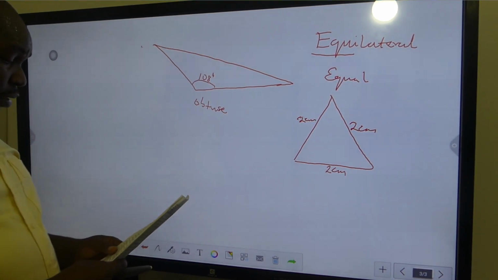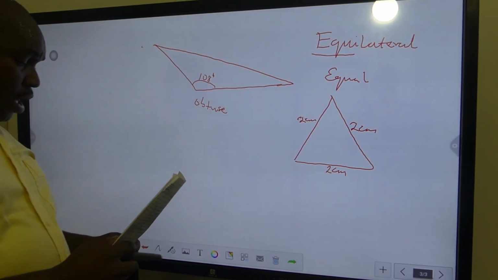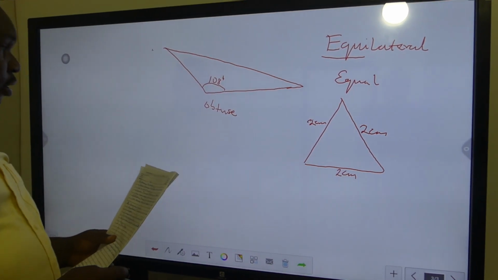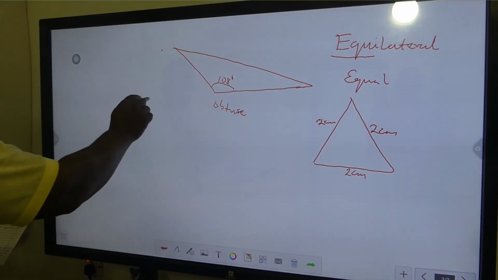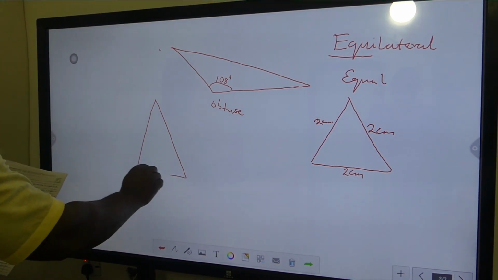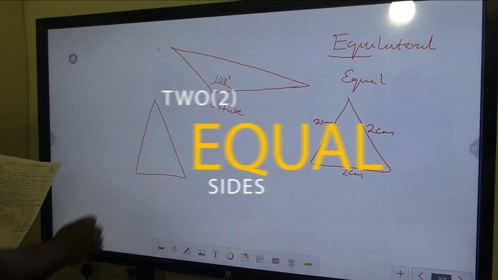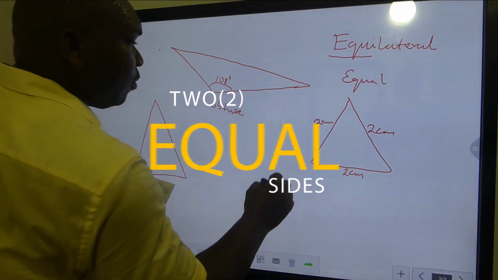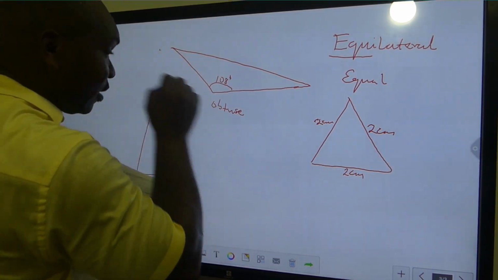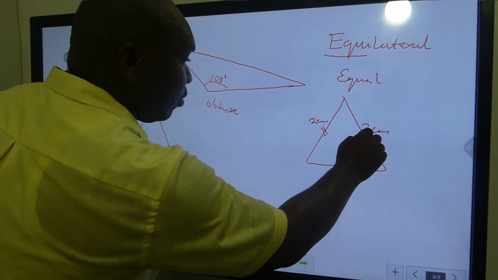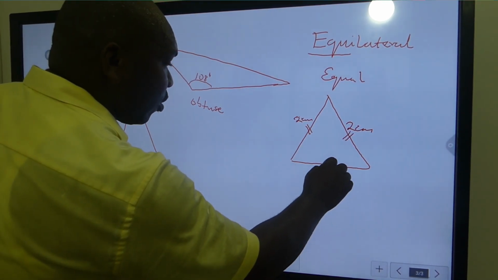Then there's another type of triangle we call the isosceles triangle. In such a triangle, there are 2 equal sides. Before I go further, I will give you the signs we use to show that sides of a triangle are equal.